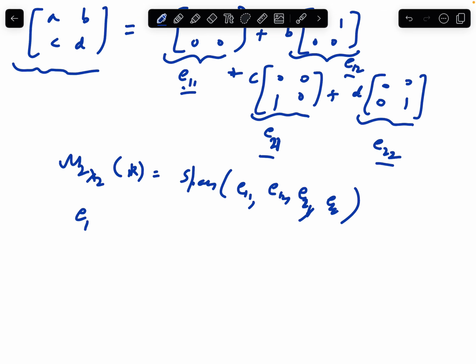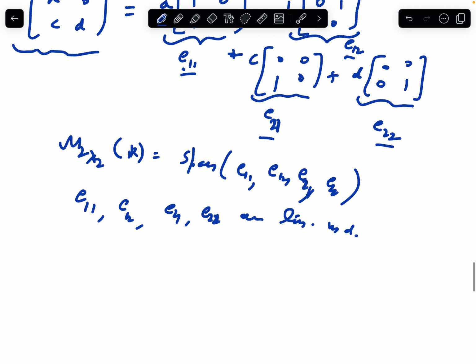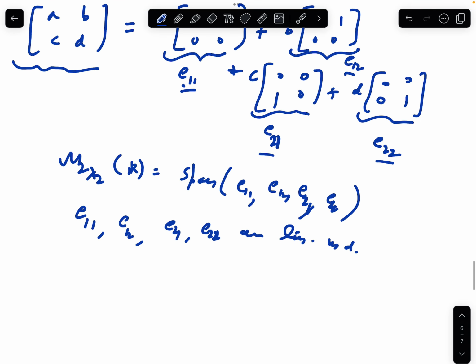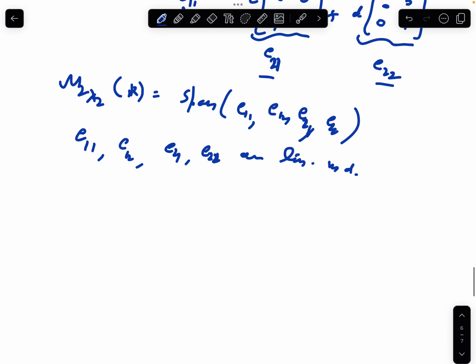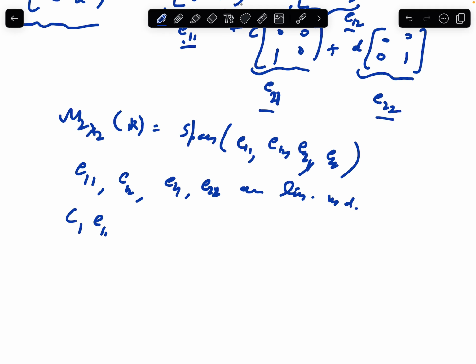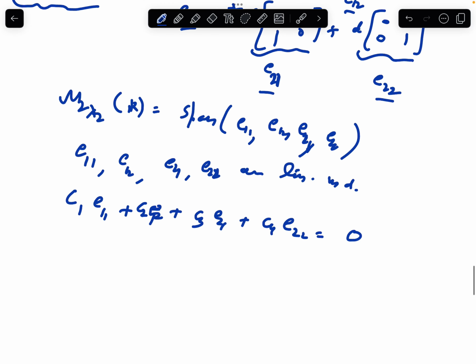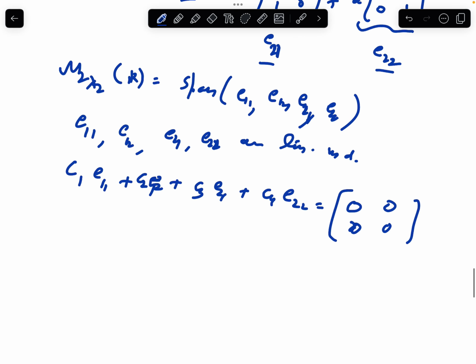But are these linearly independent? You can check that E11, E12, E21, E22 are linearly independent. Okay, so why is that? It's easy to check. So let's write C1 E11 plus C2 E12 plus C3 E21 plus C4 E22 equal to 0. This 0 means the 0 matrix. Now what do you get?